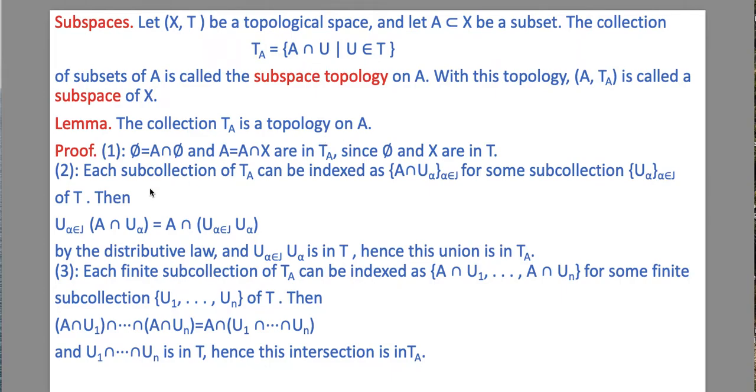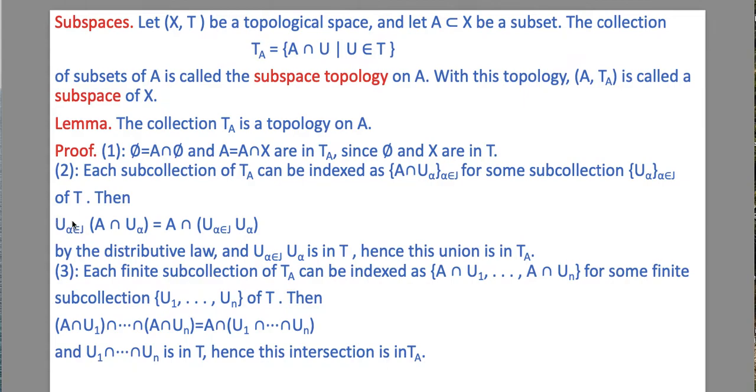Number two, each subcollection of TA can be indexed as A intersection U alpha, where alpha belongs to J, for some subcollection U alpha, alpha belonging to J, of T. It means the union over alpha belonging to J of A intersection U alpha can be written as A intersection the union over alpha belonging to J of U alpha by the distributive law.